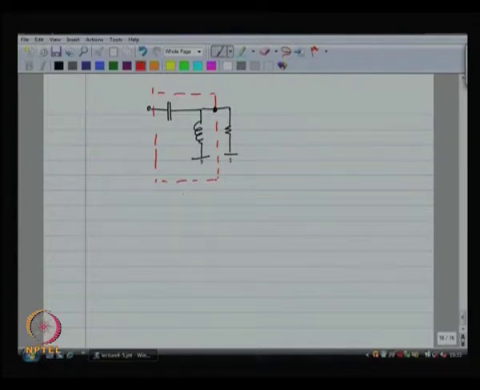So, this is the matching network. I have got an inductor, I have put an inductor in parallel to the resistor and I have got a capacitor in series with that.